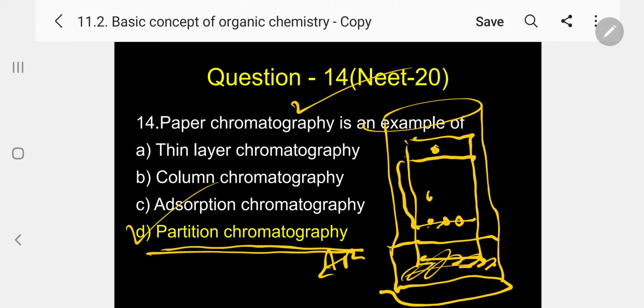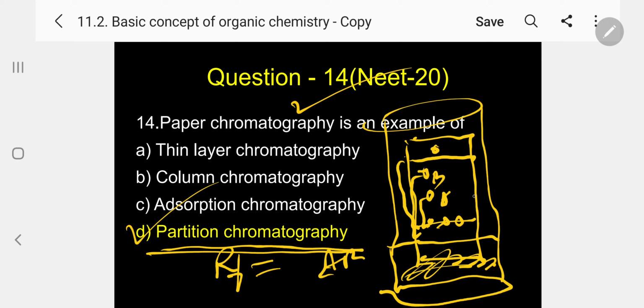Suppose here is one spot, here another spot, this is A, this is B. So I can take this distance moved by A, and this distance moved by B. So what happened now is we are using a term called Rf, relative to solvent front.